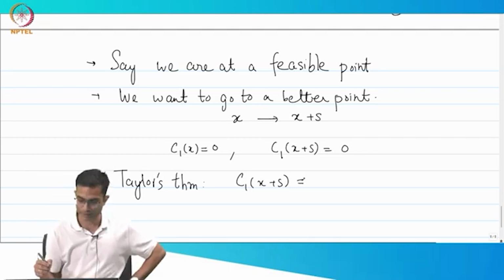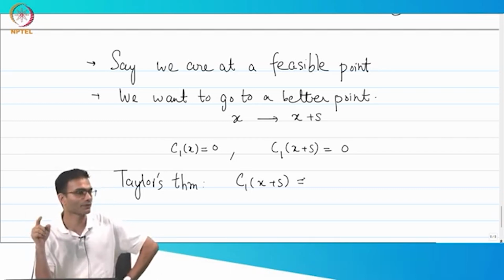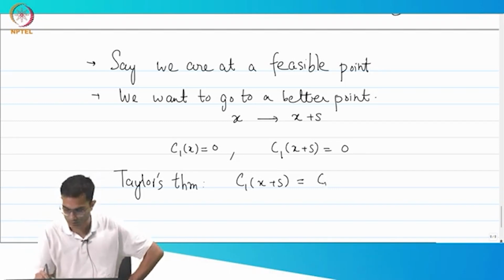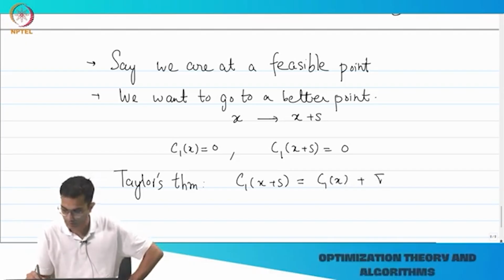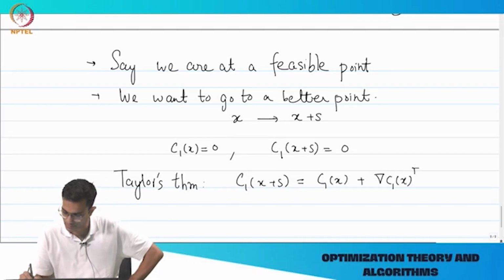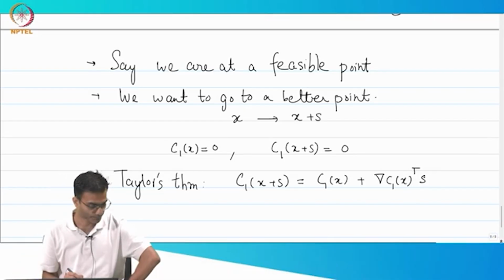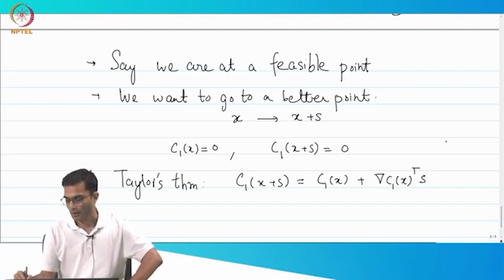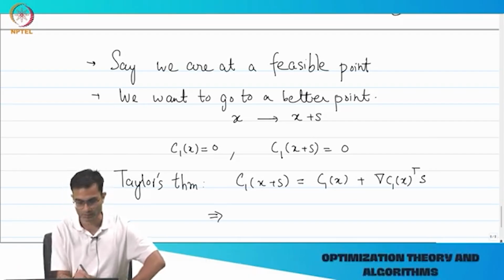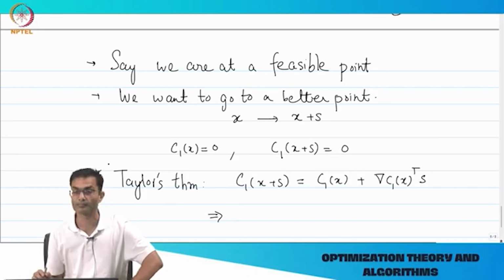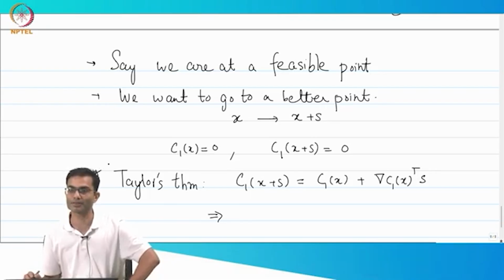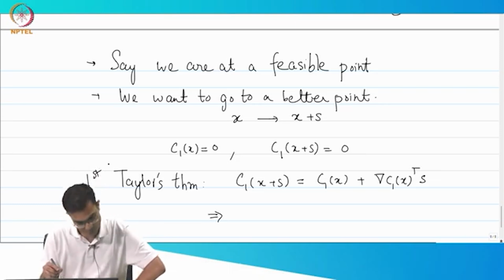So, what would I write? C1 of x plus s as first term, C1 of x. Second term, grad C1 of x transpose s. This is my first order Taylor's theorem. Given the rules of the game that I am always going to a feasible point, what does this first order Taylor's theorem imply? It's giving me some constraint on s. It's saying that grad C1 transpose s is equal to 0.